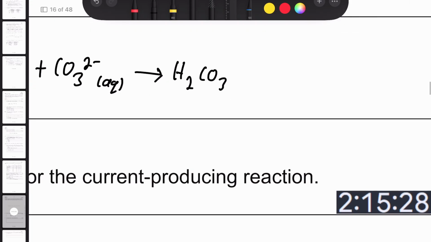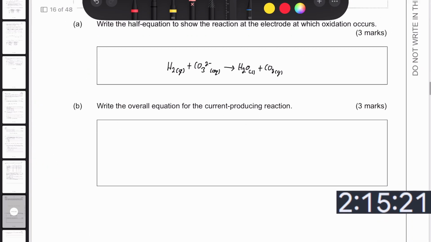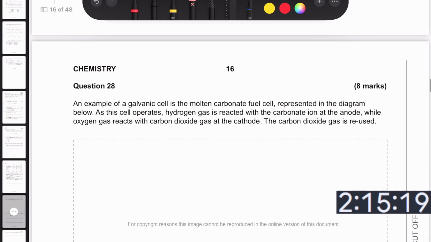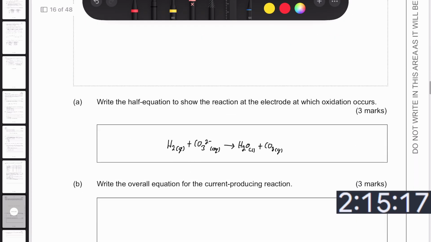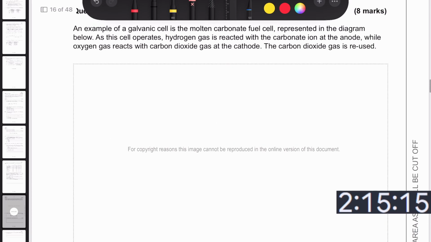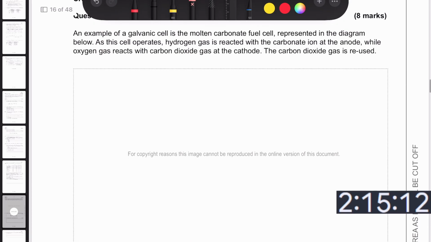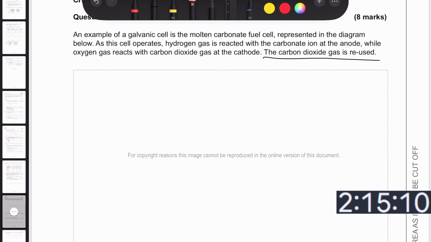No, this probably produces H2O and then CO2. We need CO2 at the cathode. And then oxygen reacts with carbon dioxide gas, and the carbon dioxide gas is reused.